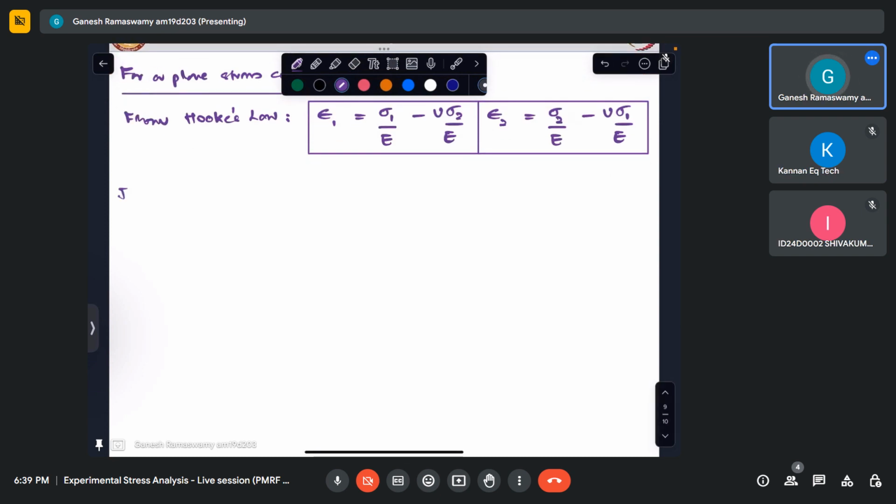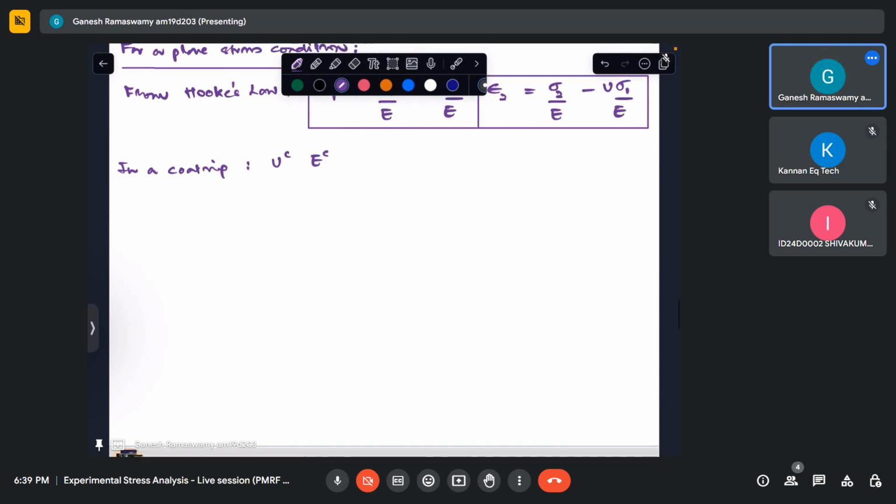So in a coating, epsilon 1c is sigma 1c by EC minus mu c sigma 2c by EC. Similarly, epsilon 2c is sigma 2c by EC minus mu c sigma 1c by EC.